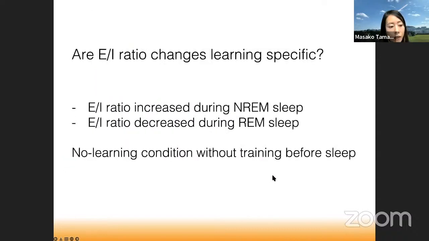Next, we asked whether these changes in the EI ratio during sleep were learning specific or not. So we conducted a no learning condition without training before sleep.